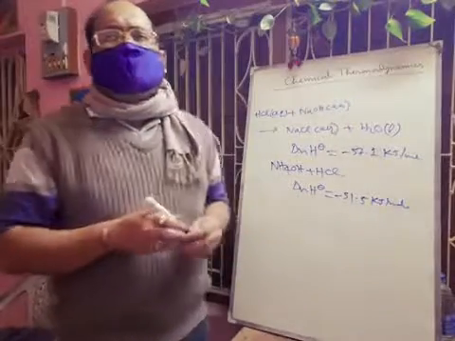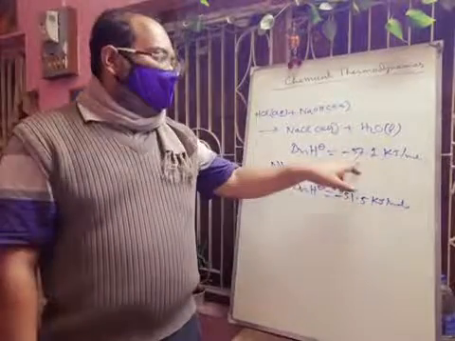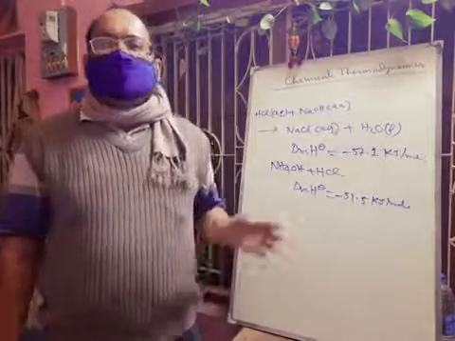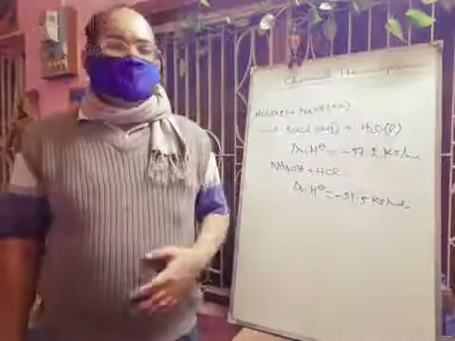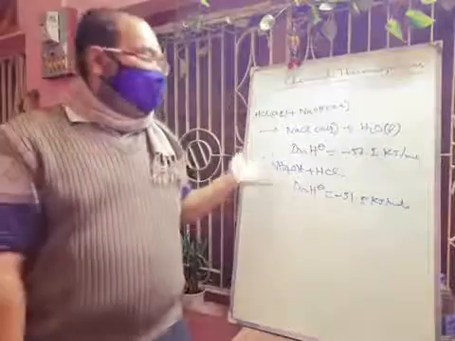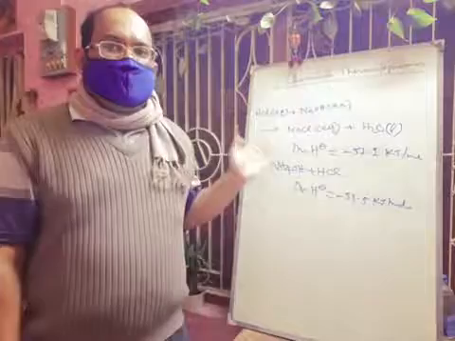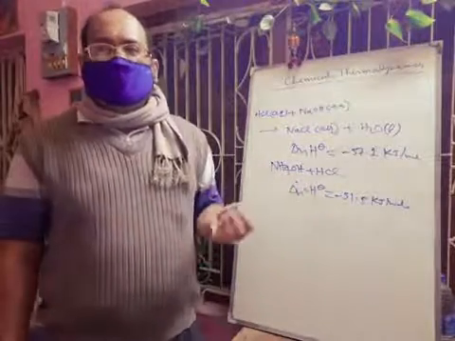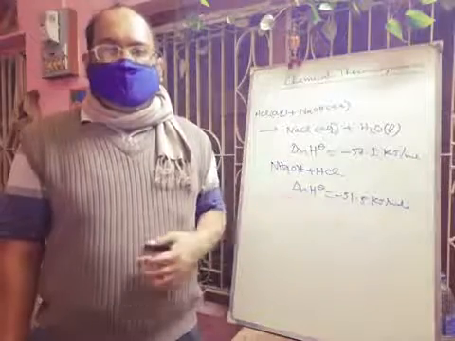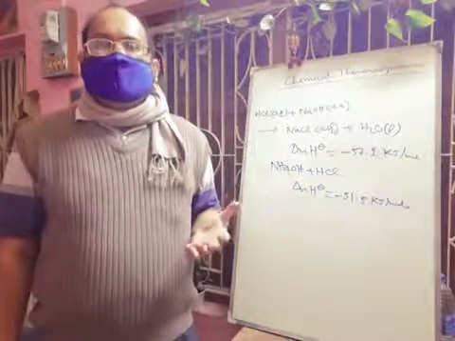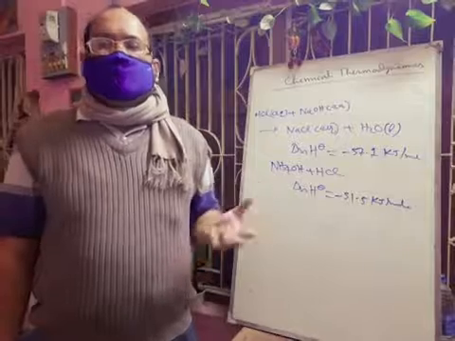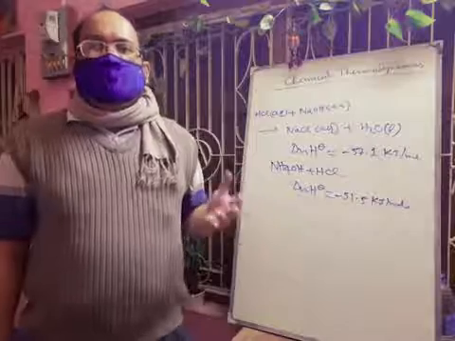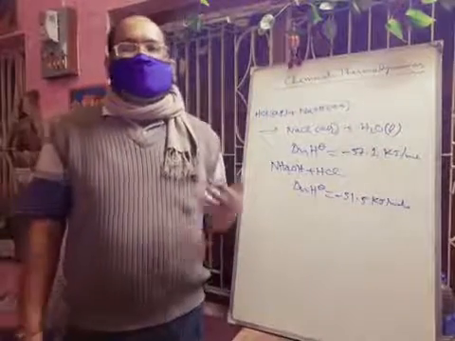Why is this less? Because of the 57.1 minus 51.5, around 5.6 kilojoule of heat is consumed in dissociating the weak base ammonium hydroxide. It will not fully dissociate, it will be partially dissociated, so the energy required is around 5 kilojoule per mole. The heat of neutralization of acetic acid and ammonium hydroxide is 49.6 kilojoule, because 7.5 kilojoule of energy is used in dissociating the weak acid, acetic acid, and the weak base, ammonium hydroxide.